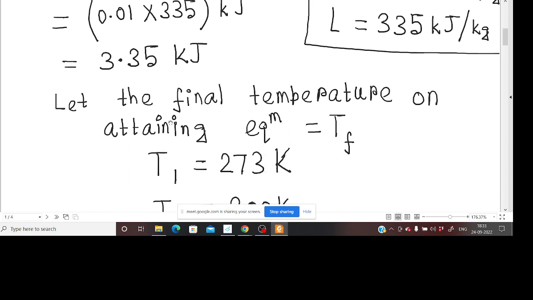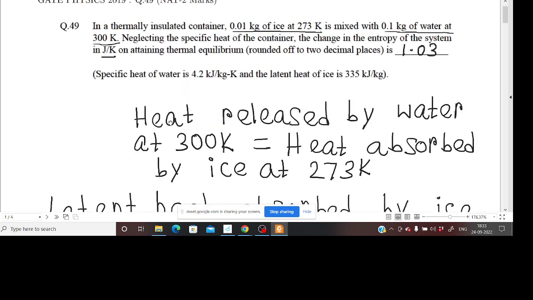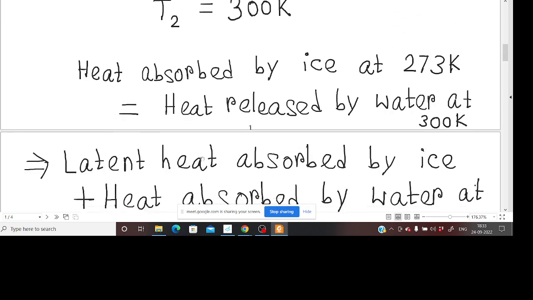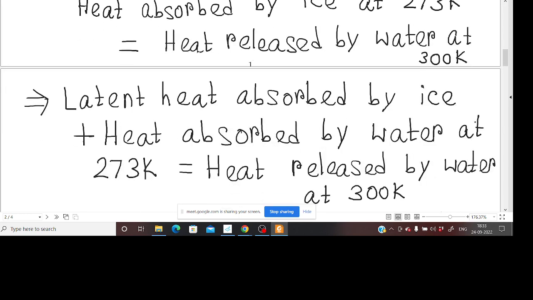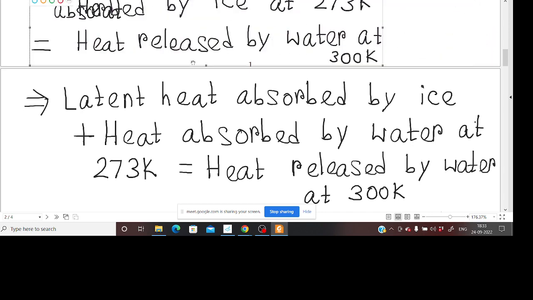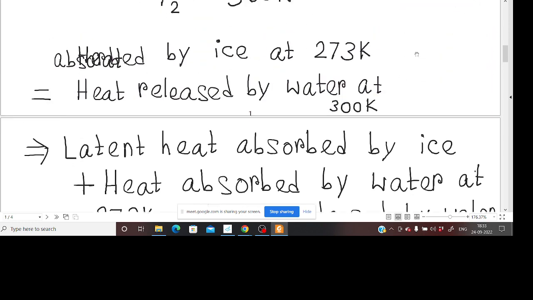So how to find out the final temperature? Again, let's put the quantities in this expression. So this is the expression. Now what is the heat absorbed by ice at 273 Kelvin? It is equal to the latent heat absorbed by ice plus the heat absorbed by water at 273 Kelvin, and this is equal to the heat released by water at 300 Kelvin.